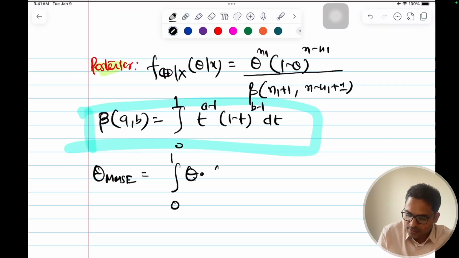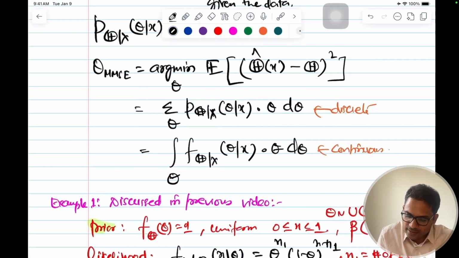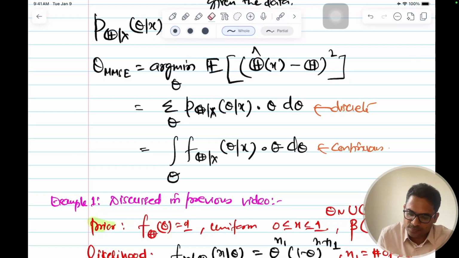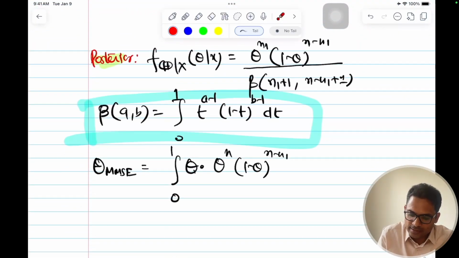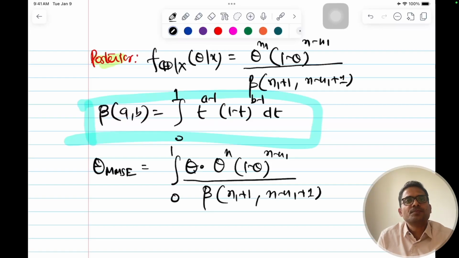What is the posterior? Theta to the power n1 and 1 minus theta to the power n minus n1, and this integral is also there. Theta is in the range 0 to 1 because it is uniform. This integral will be in the range of 0 to 1, divided by the beta function that we had, n1 plus 1 and n minus n1 plus 1.